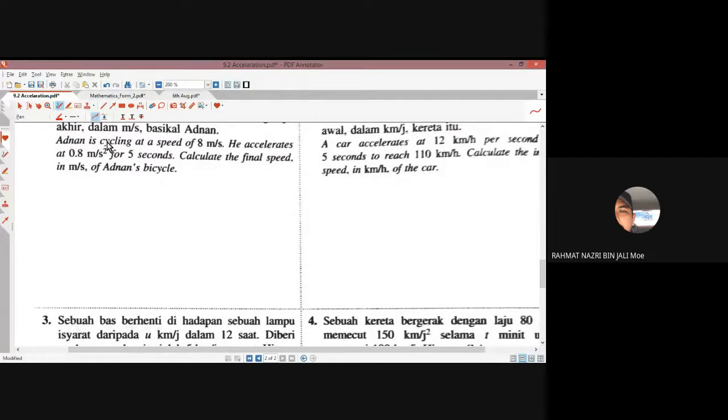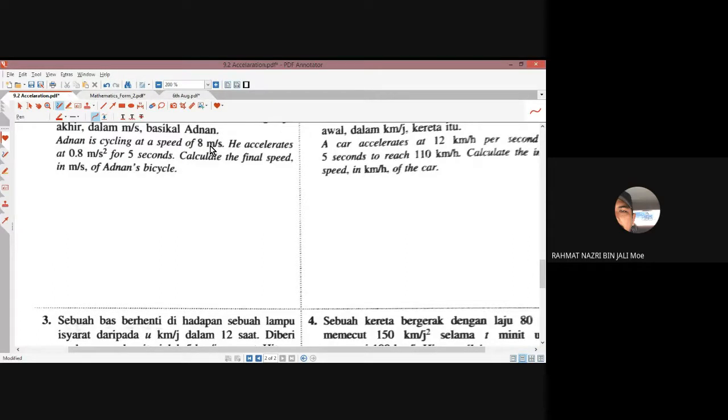Adnan is cycling at a speed of 8 meters per second. He accelerates at 0.8 meters per second for 5 seconds. Calculate the final speed in meter per second of Adnan bicycle.